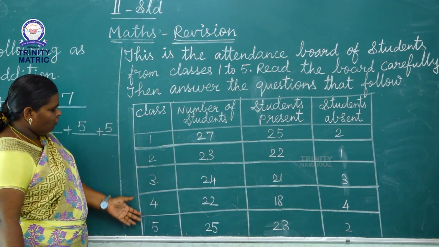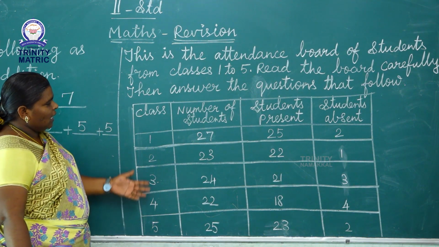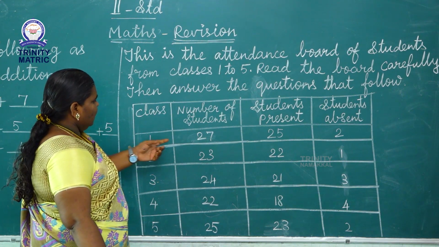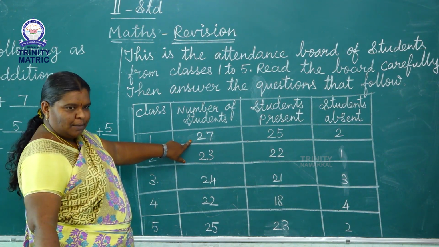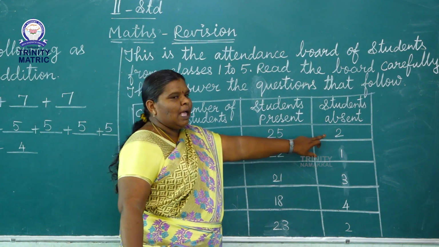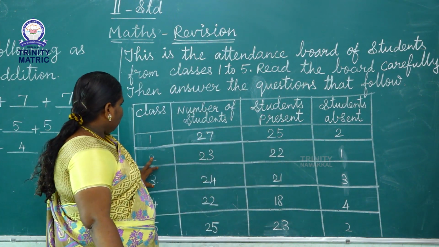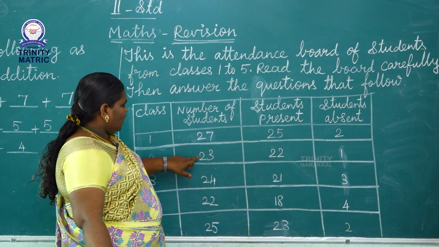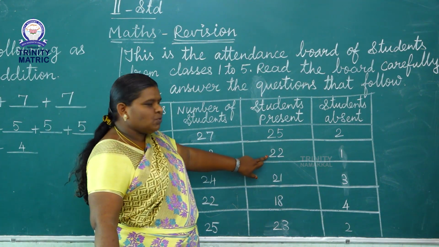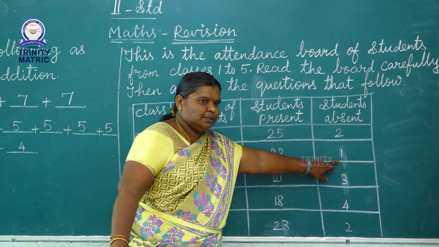Here is the daily attendance for 5 classes. First standard: total number of students 27, present students 25, absent 2. Second standard: total 23, present 22, absent 1.